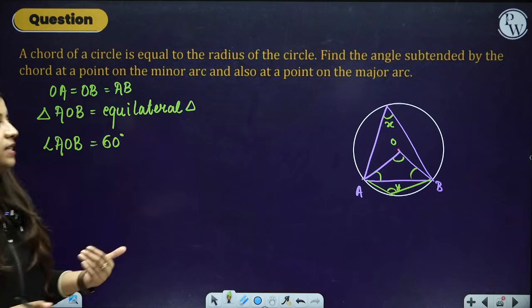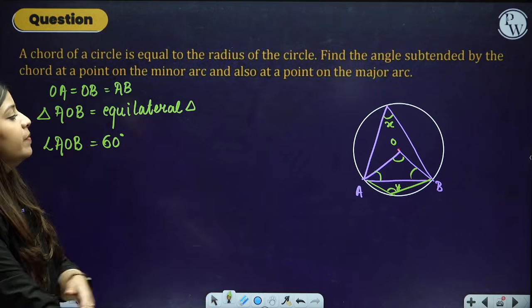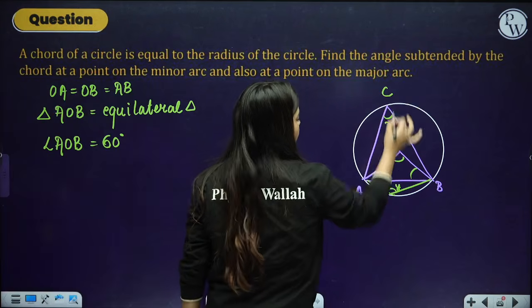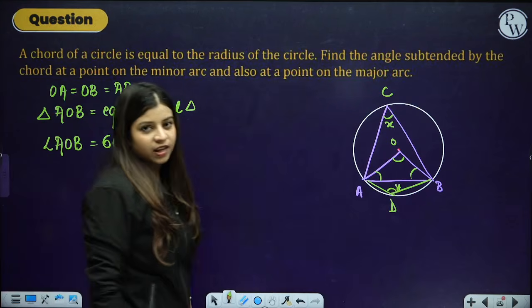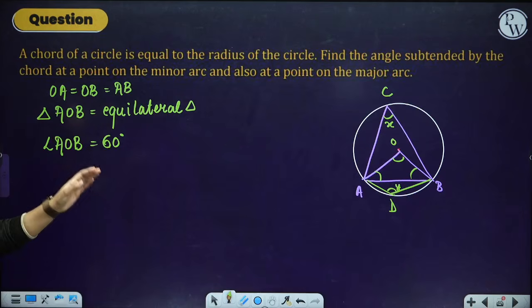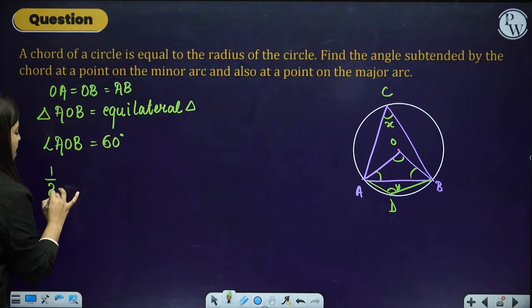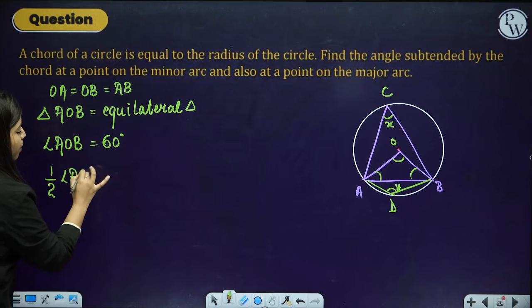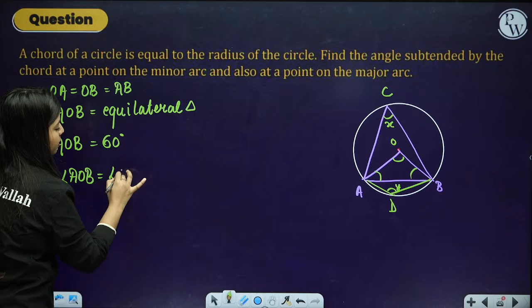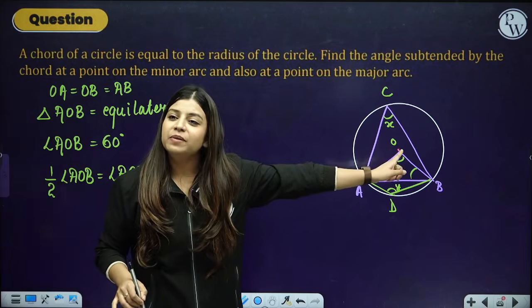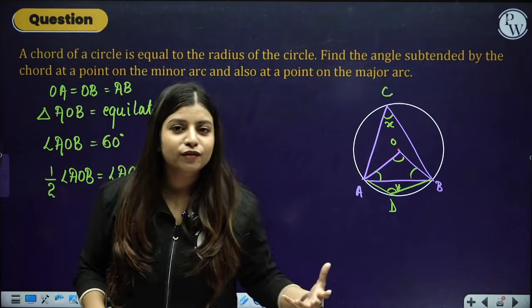Now, let's say this part is C and this is D. If AOB is 60, then ACB will be half of angle AOB, because AOB is the angle at the center and ACB is the angle in the remaining part of the segment.